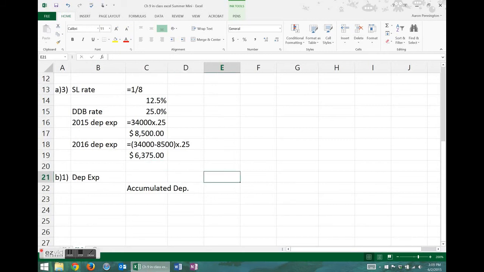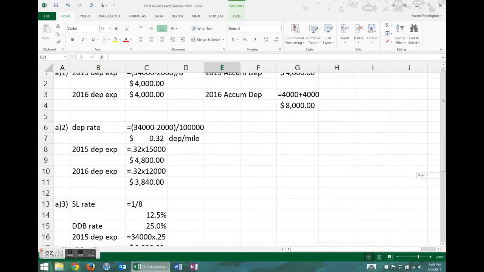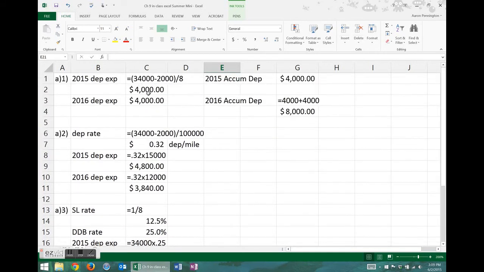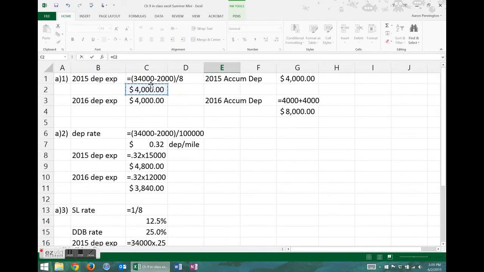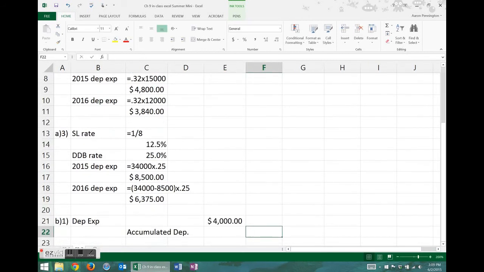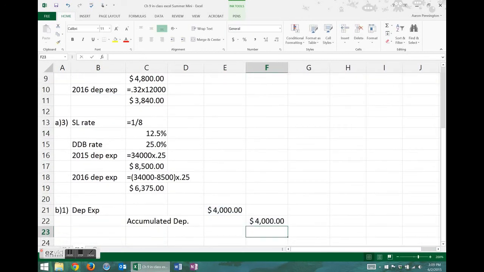We will take the 4,000 from here, and that is our depreciation. All right, that's all B1 asks for, and you should be able to do that entry for any method because the entry doesn't change, it's just the numbers that do.